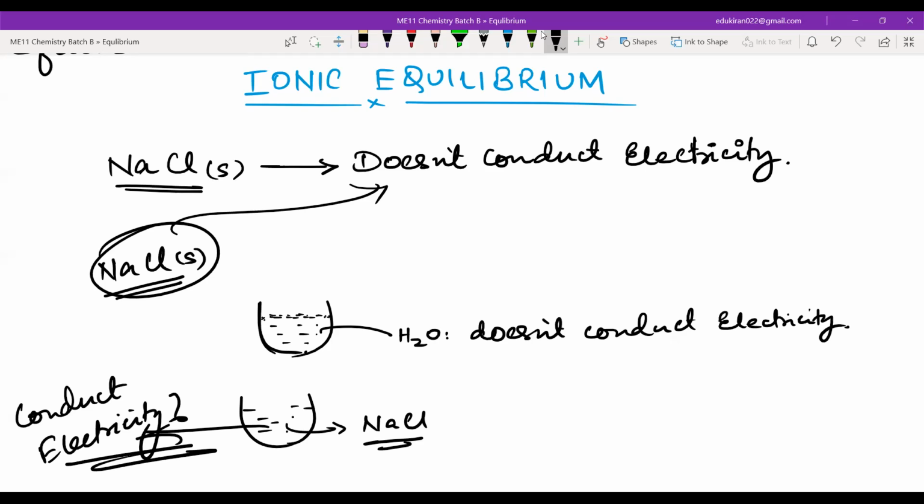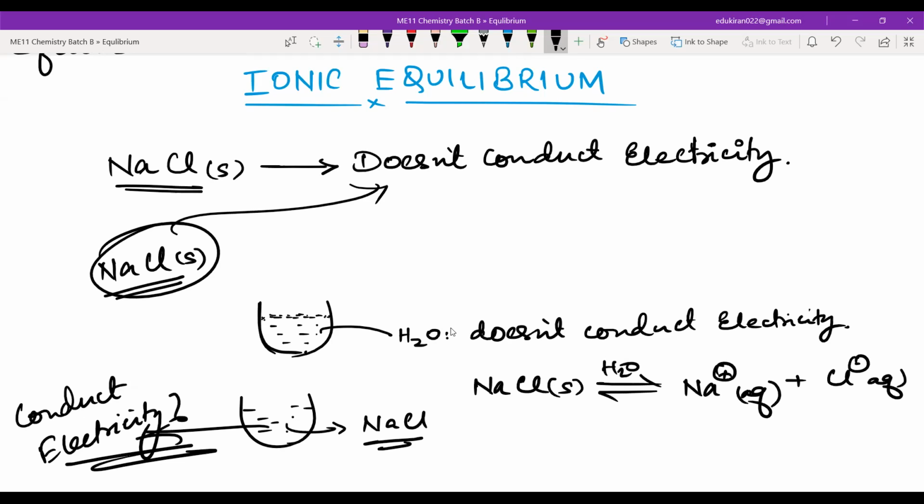Now, since they are conducting electricity, it means they are carrying charges. So there should be something which we can call charge carriers. Looking at NaCl, it was very obvious that when we added water to sodium chloride, it would have formed Na plus in aqueous phase and Cl negative also in the aqueous phase.